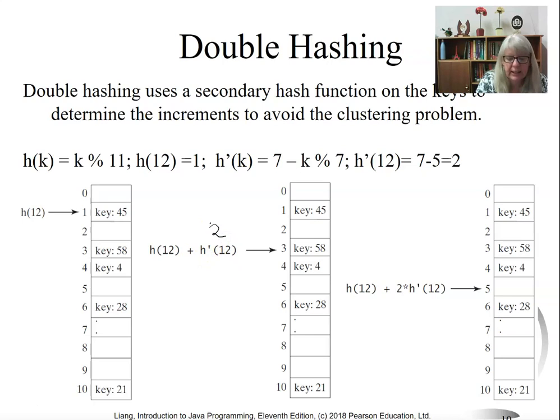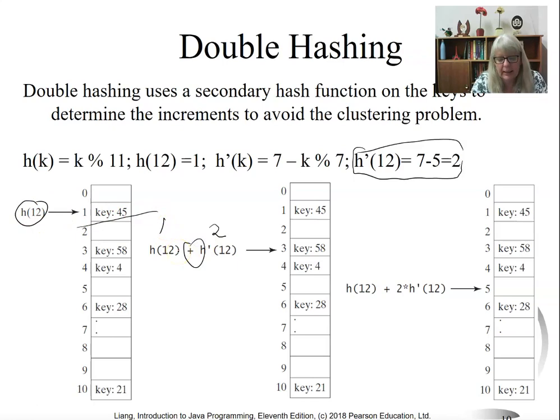We just did that. That second formula was 2. But I add it to the result of my first answer. So I add it, and then I get an index of 3. And oh no, that's occupied as well with another one.